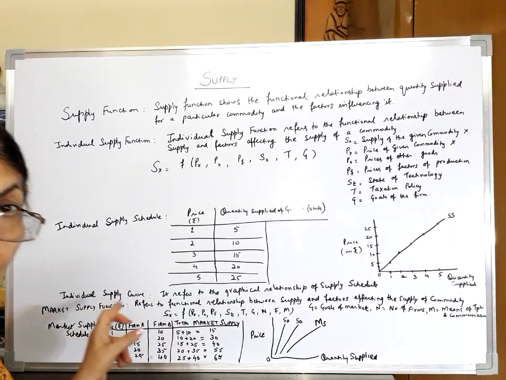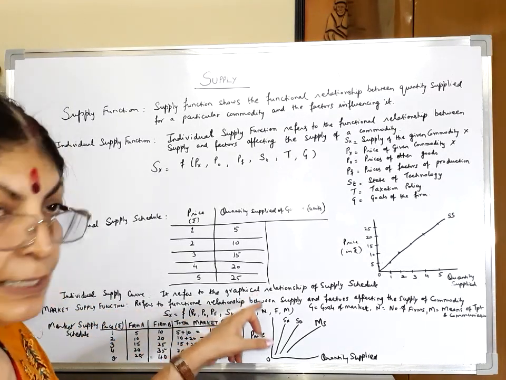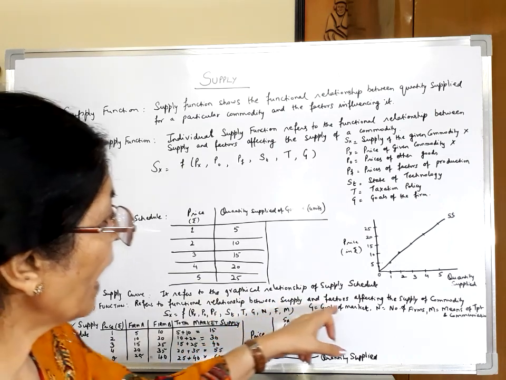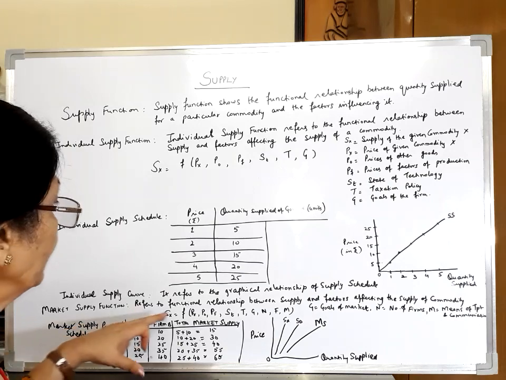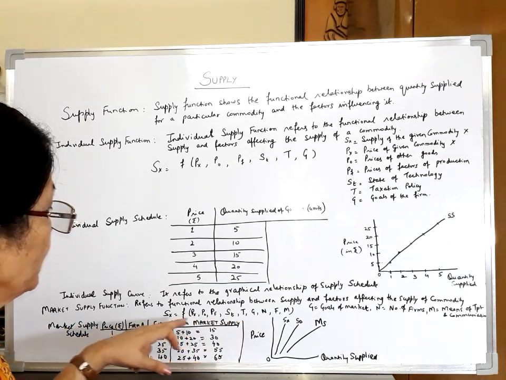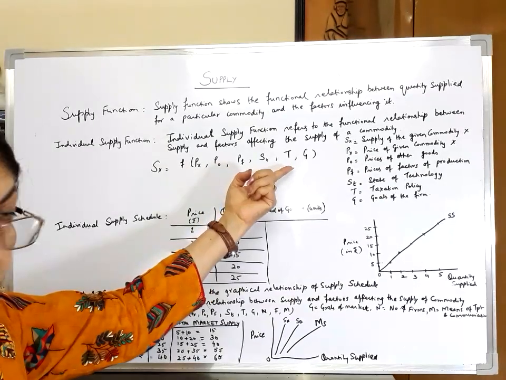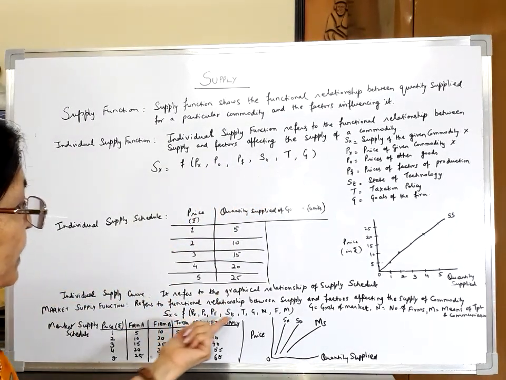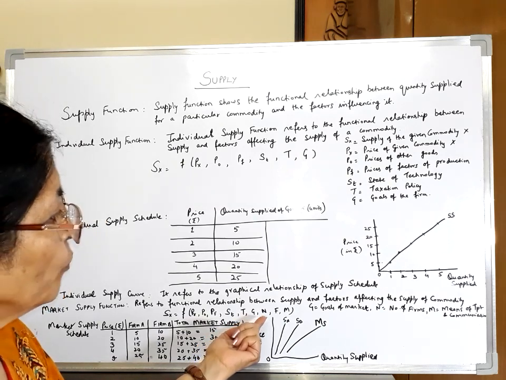Now come to the market supply function. It refers to the functional relationship between supply and factors affecting supply of the commodity. And this has been given by the following equation. We have the same factors that have been given here in the individual supply function till this point. Thereafter, we have added a few more.